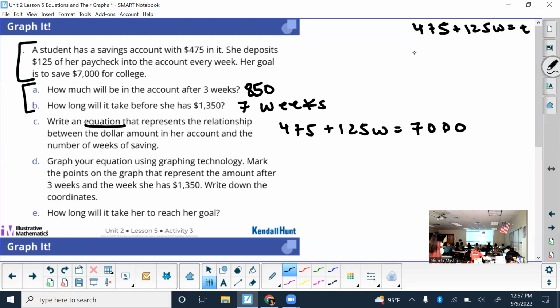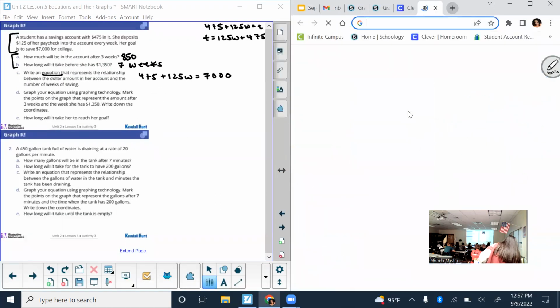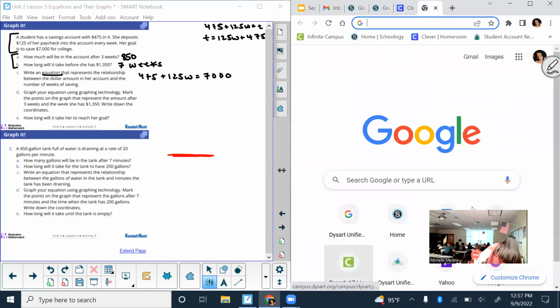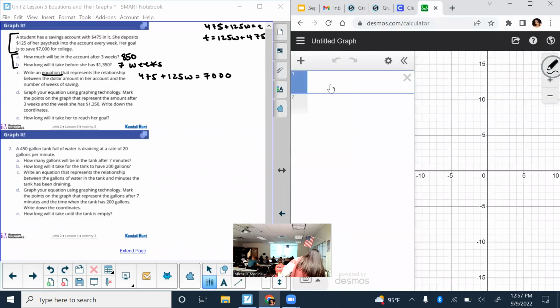Now, if I write the equation this way, can you tell me what format linear equations are usually in? Maybe that looks more familiar to you. If we type that into Desmos, does it give us anything? So 475.